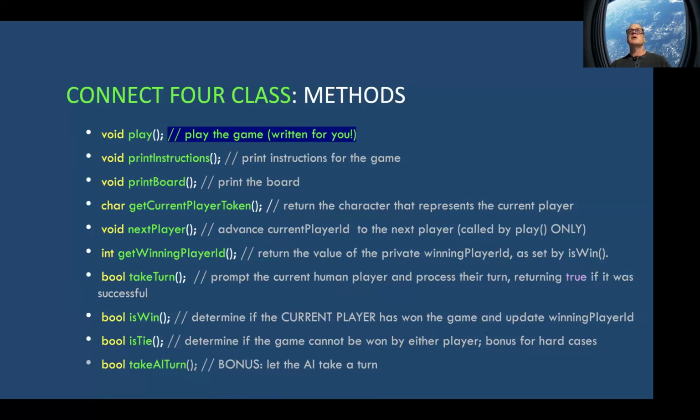There's a take AI turn method in there as well, but you can ignore that if you don't want to do it. So the top one is done. The other ones here are pretty quick to do, and these take a little more time. Of course, in addition, there's your constructor, which you may want to do quickly too, just to get things up and running.